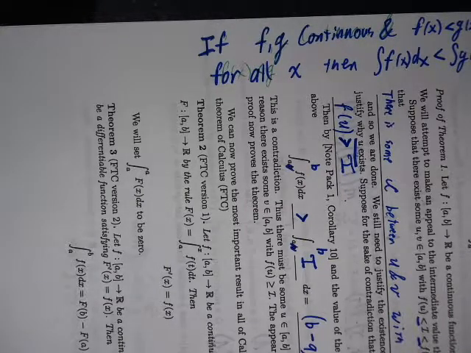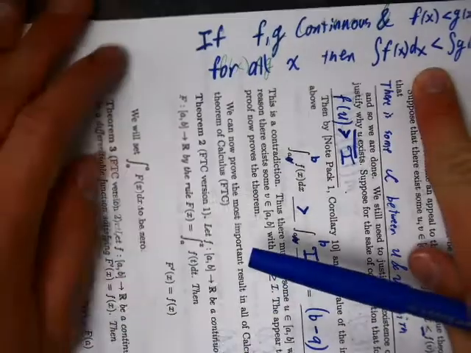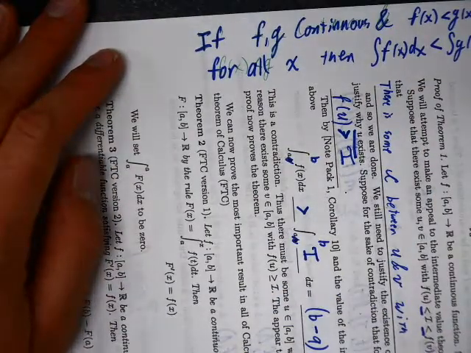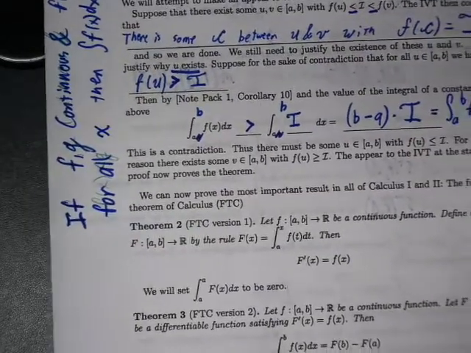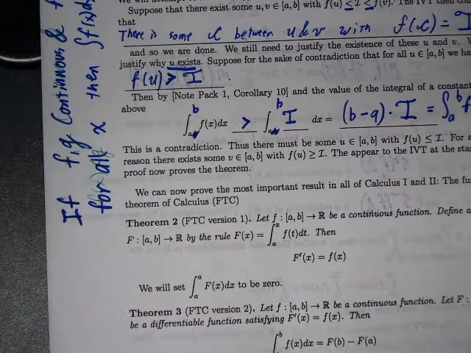Well, you do need continuity a little bit in that. Cool. So now we have the mean value theorem for integration done. That's the main thing that I'll need in the proof of the fundamental theorem of calculus.